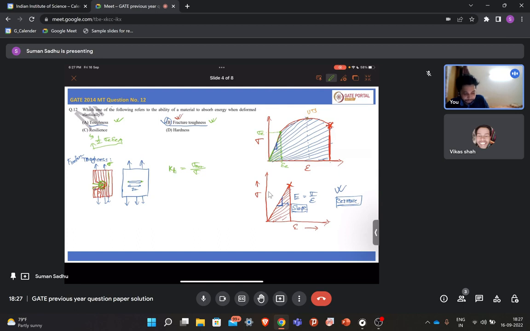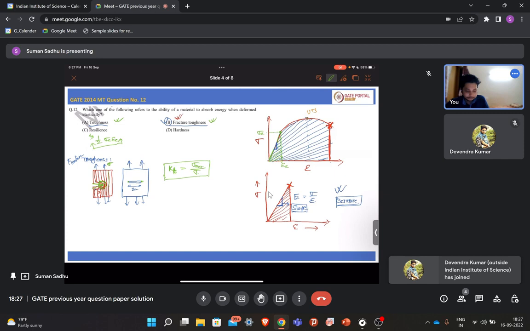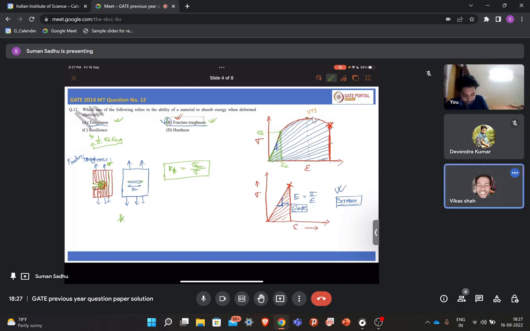So this is the stress concentration factor, termed as Kt. And fracture toughness is given by the relation K equals Y into sigma applied, root over pi a. So this is the fracture toughness.